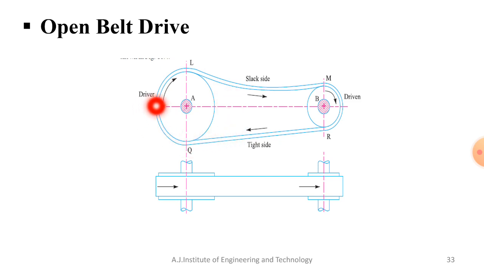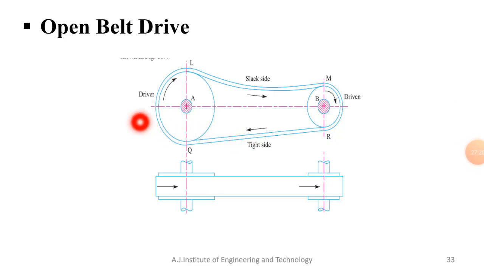One is called driver, another one is called driven. Driver, in the sense, is usually connected to the prime mover. Understood, right? Prime mover. You want to transmit power from driver to driven, and that is possible with the help of one more element, that element we call the belt. This is the belt. It is wound over these two pulleys.